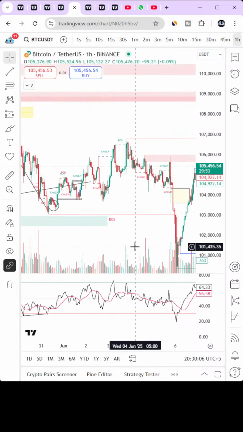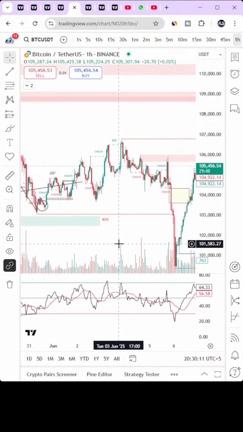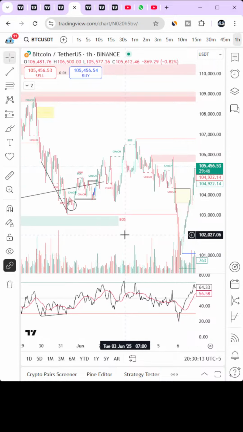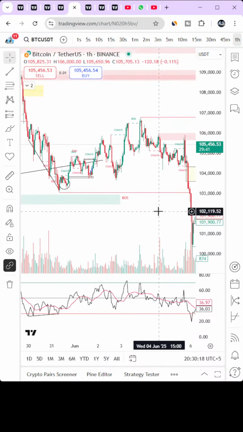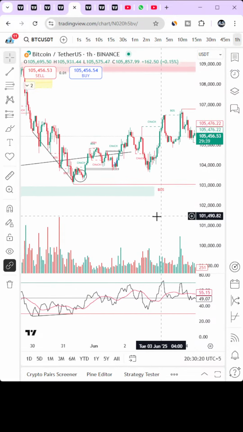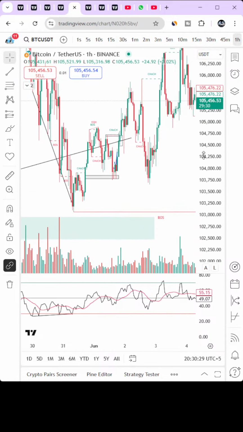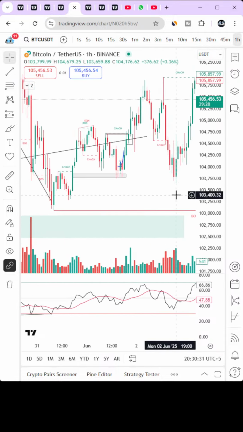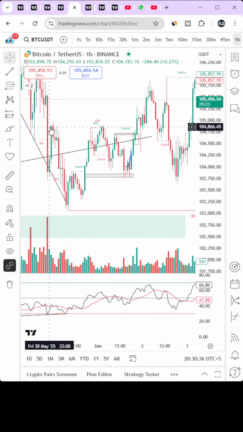Now there is a question: how to be safe from this liquidity? We want to be safe from the liquidity when we sit in a buy trend. Suppose we are sitting here in a buy trend, then we have to close our positions at the very next market structure level.